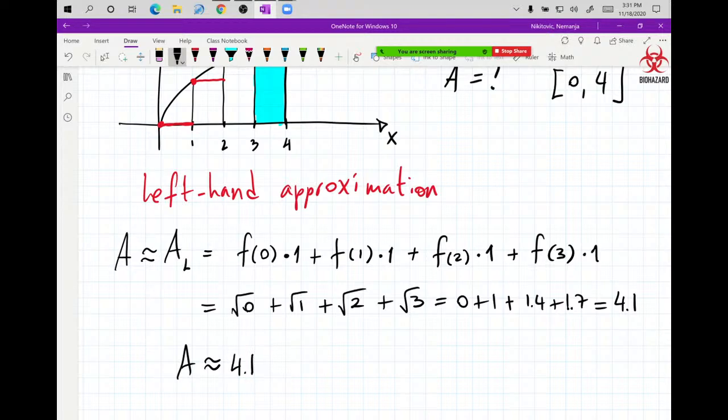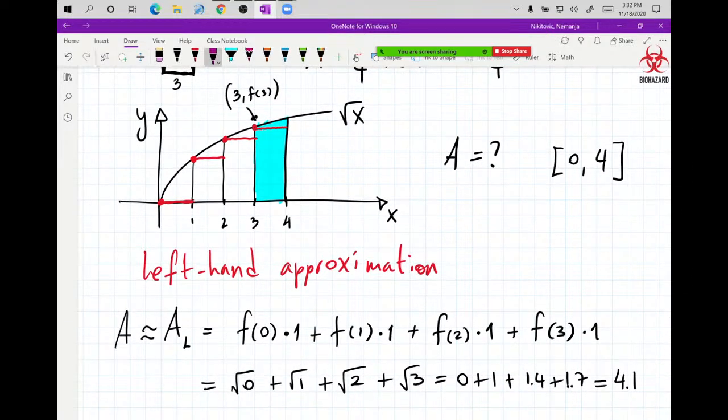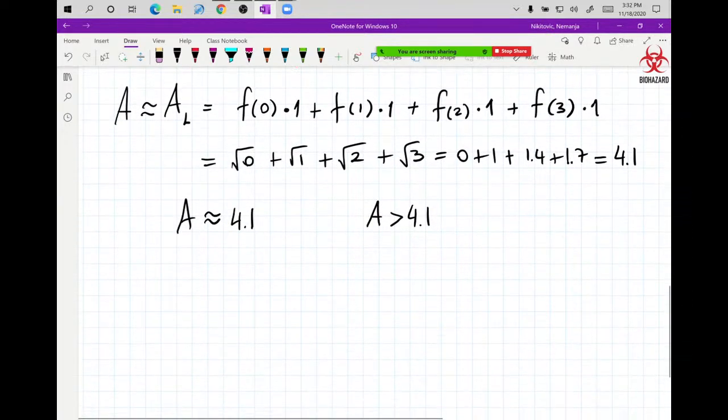It's not, right? We know that the actual area is more than that. We know that area is bigger than 4.1 because look, all of these places here, they're all error, and they are not the part of 4.1. So 4.1 is a low. We have a lot of error there.